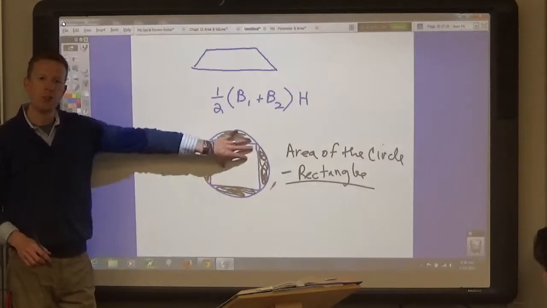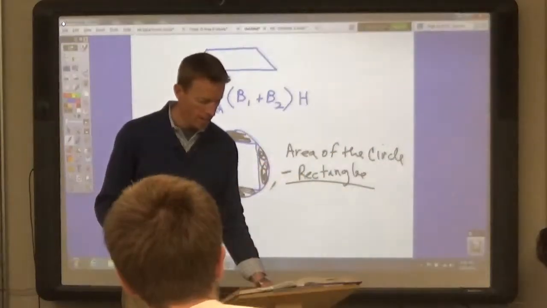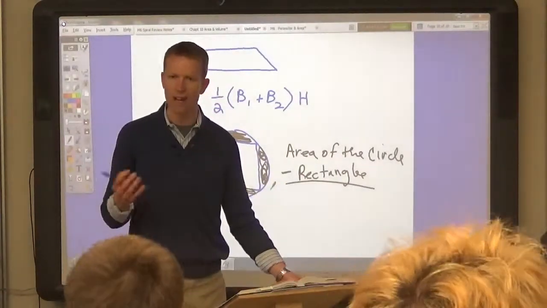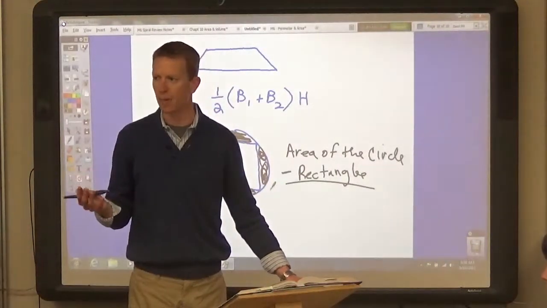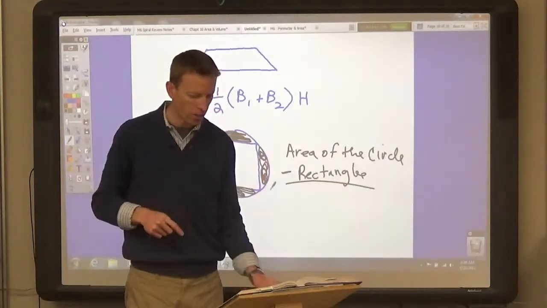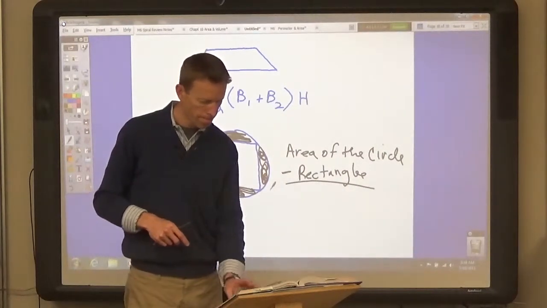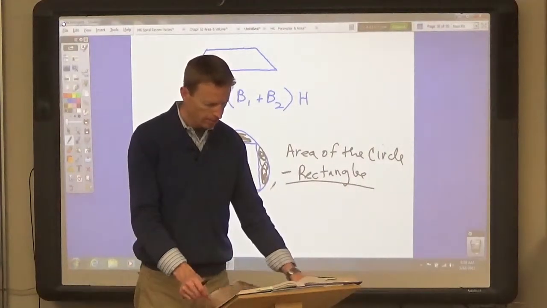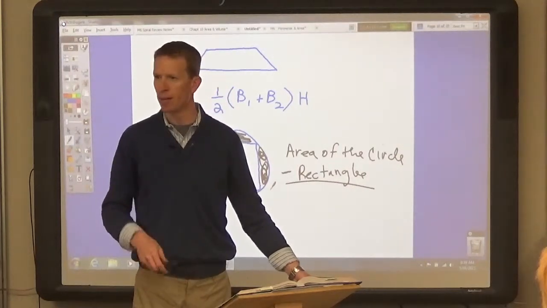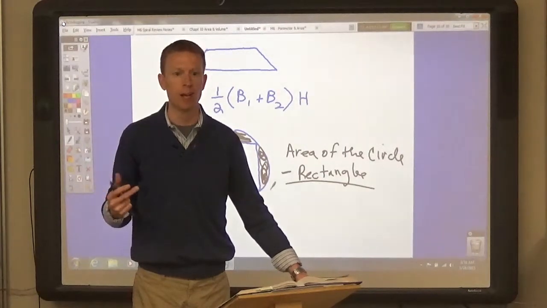So make sure you can do that. Okay? And circles, you'll have to know obviously the radius, diameter, find the area of the circle, find the circumference of the circle, and parallelogram, base times height, right? Make sure you understand that an altitude is perpendicular to the base.